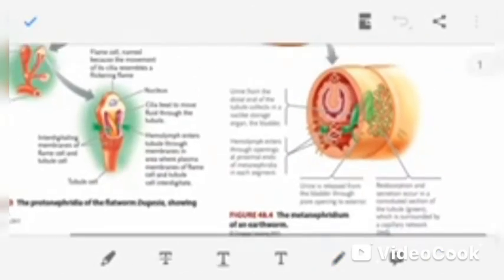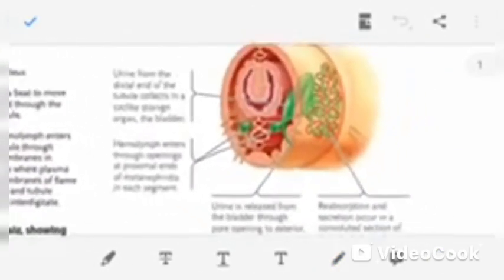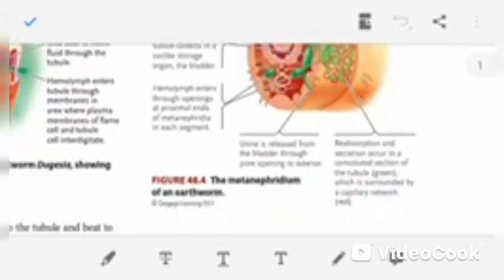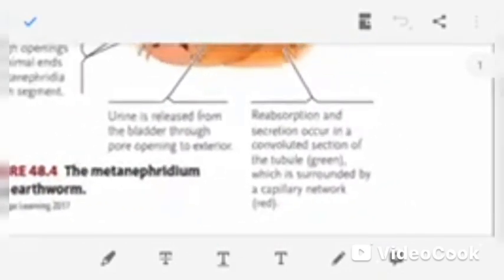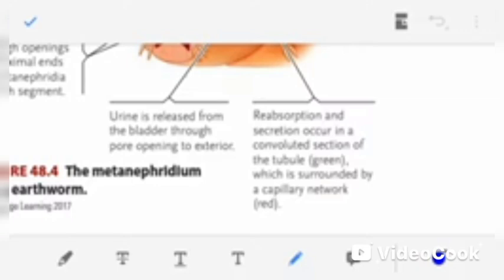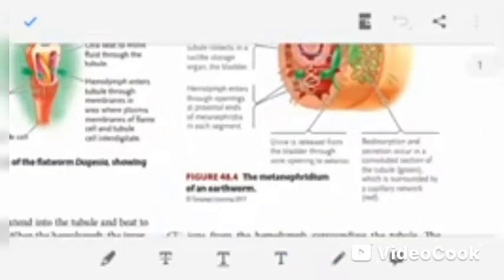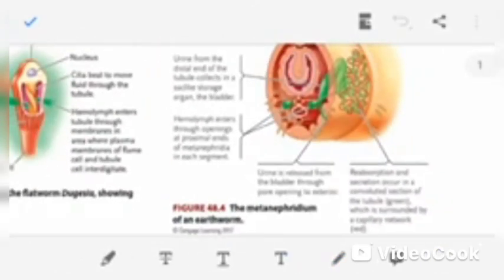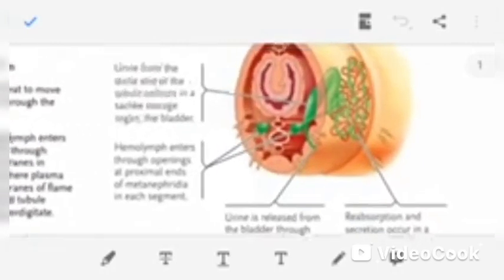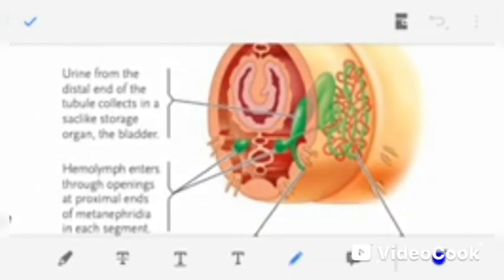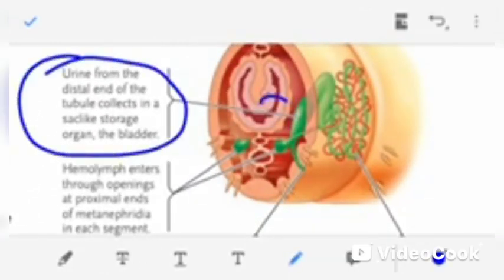Then in the second step, reabsorption occurs in the convoluted section of the tubule. After reabsorption, finally the urine enters the bladder.